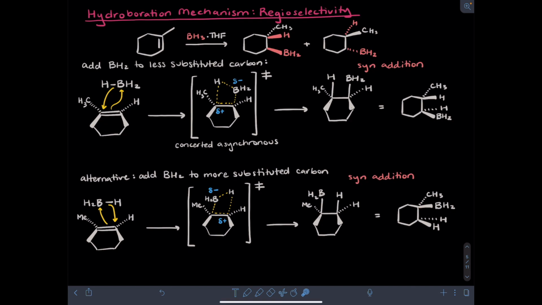Does this actually occur? It turns out that this potential product, where you've added BH2 to the more substituted carbon, is not observed. We'll have to look at the transition states for these two potential reactions to figure out why this is the case. The transition state leading to the anti-Markovnikov product, in which boron has added to the less substituted carbon of the alkene.